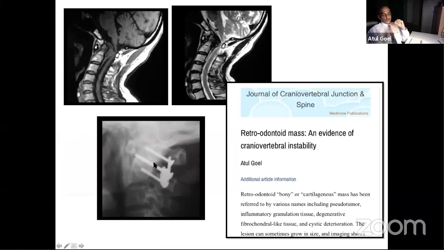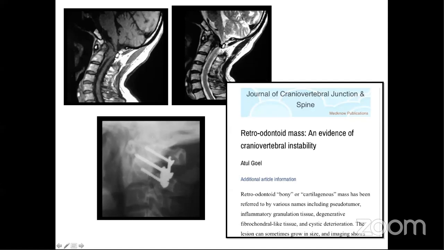Now I want to show you some beautiful, now you please pay very strong attention to this concept which I am introducing to you. You see there is this bulging in front of the craniovertebral junction. About 15 years ago, this was called pseudo-tumor of the craniovertebral junction. And the whole world, the treatment was to come from transoral surgery and remove this pseudo-tumor.